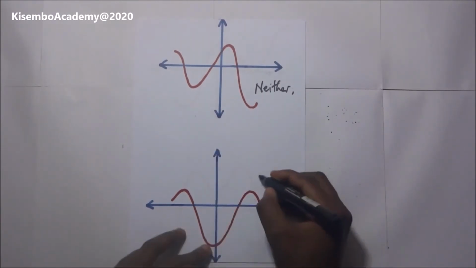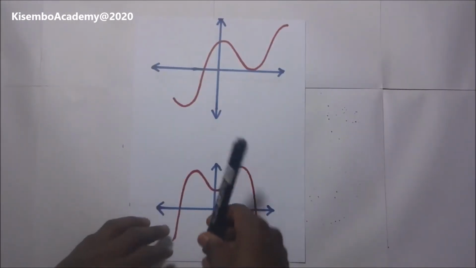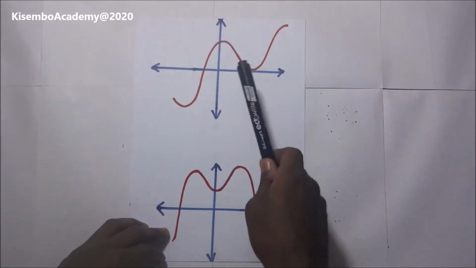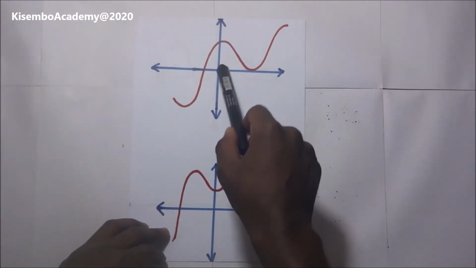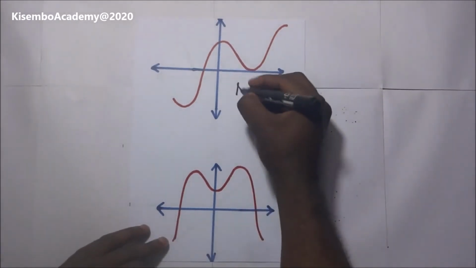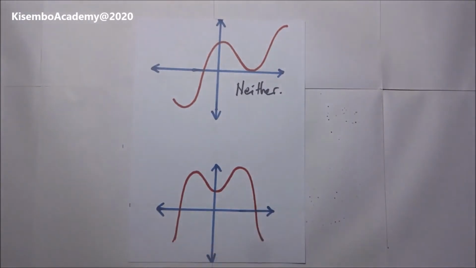So this one is an even function. This one right here, it's not symmetrical about the y-axis. It is not having a rotational symmetry about the origin, meaning this one also is neither odd nor even.